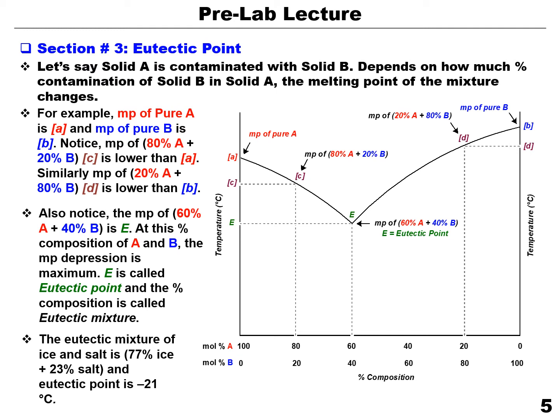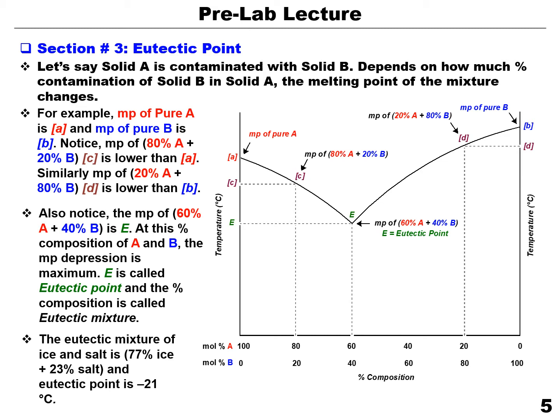So let's take two samples A and B with unknown melting points. The general idea is pure A has a melting point at this point labeled a, lowercase a in parentheses, whereas pure B will have a melting point labeled b, lowercase b in parentheses.